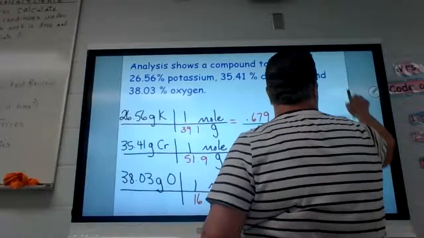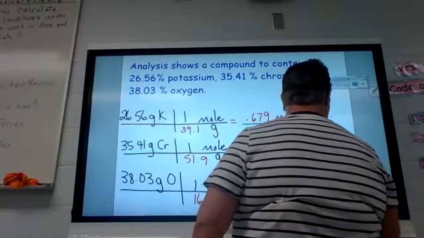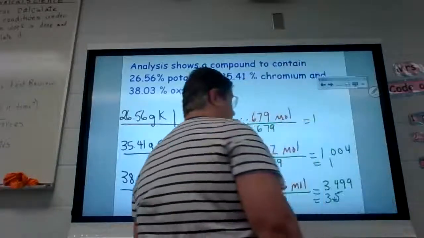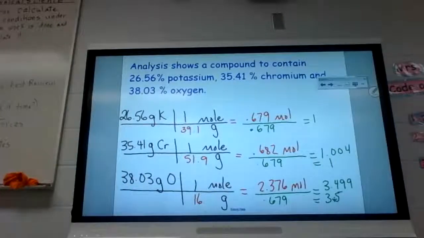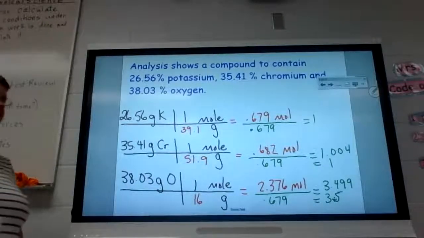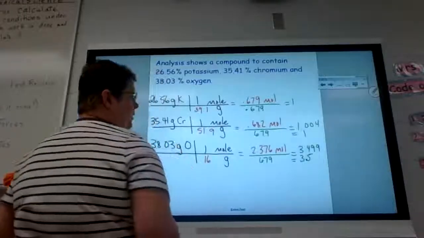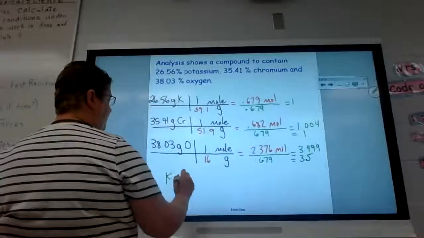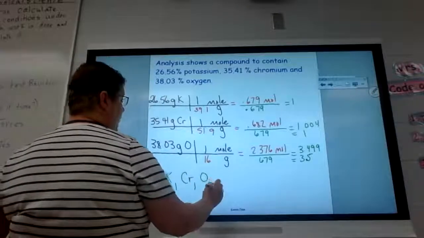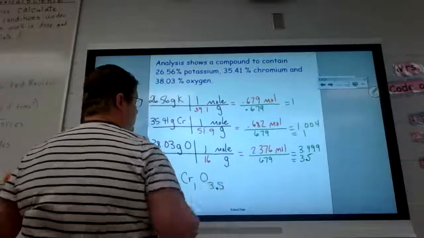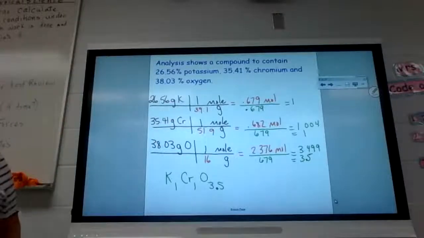Michaela said it's 3.5. How do you get rid of a half in math class? Because if we wrote the formula the way you've got it, you have K with a 1, Cr with a 1, and O with a 3.5. Because the problem is, can you round 3.5 up to 4?